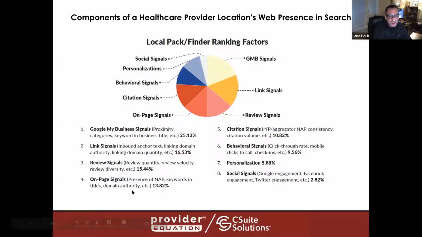And these signal categories are really weighted in terms of importance. Now, this is not an exact science, but it is a science nonetheless. And when it comes to marketing, digital marketing in the 21st century, we have to recognize that there are multiple components of a web presence of every given entity or location in a healthcare setting.